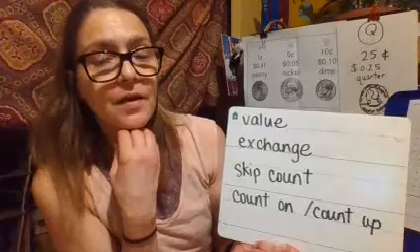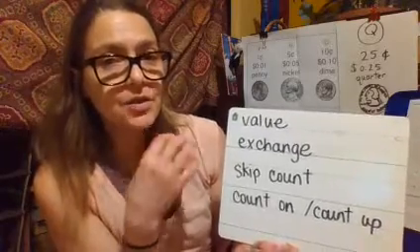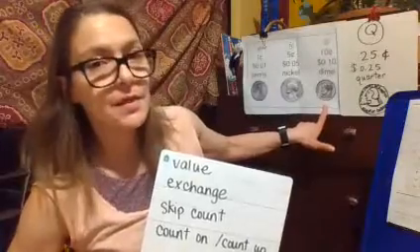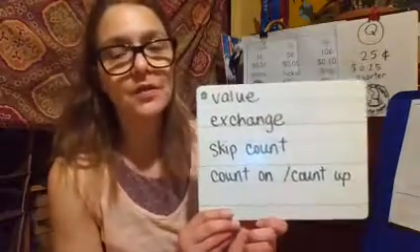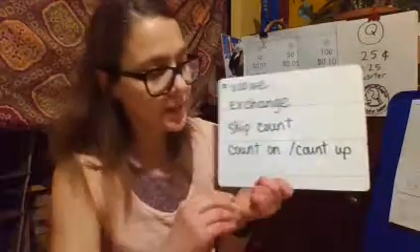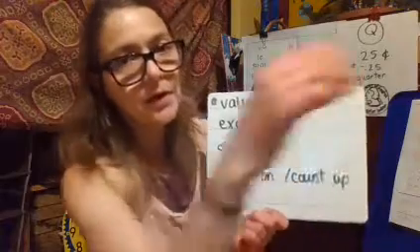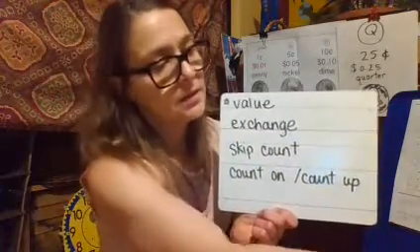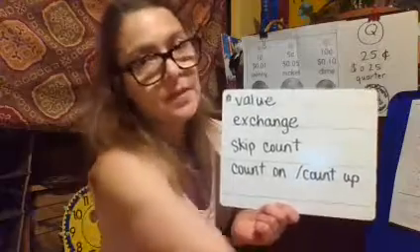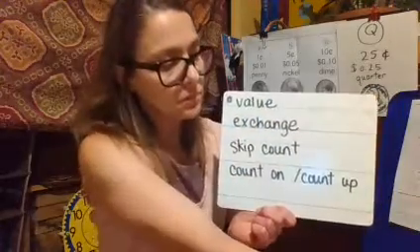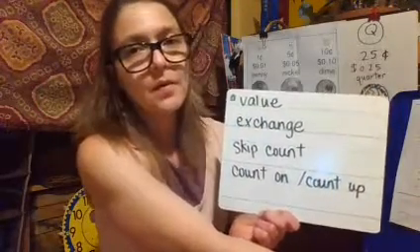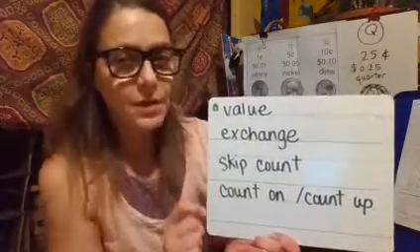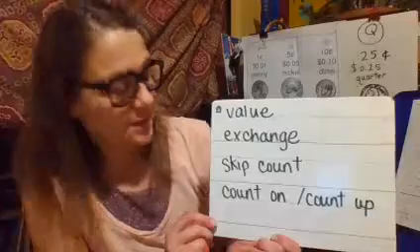Okay, so you can have 10 pennies and exchange it for a dime, or you can have 10 dimes and exchange it for $1. So you're making an exchange, and you're going to think about your base 10 blocks when you have 1, 10, and 100. Okay, the same way you exchange those, you will be exchanging your coins.